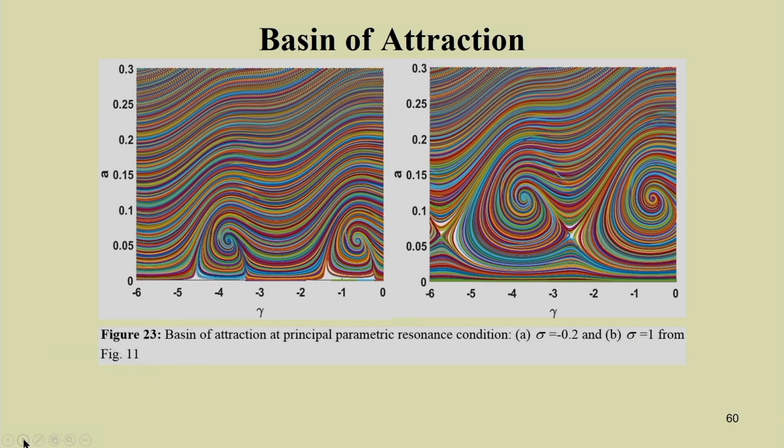So in this way, you have observed that in case of an artificial muscle, you can have both the simple resonance condition and parametric resonance condition, and by using the method of multiple scales we have seen how the response will behave. I have shown you the basin of attraction. This basin of attraction you can plot by taking different initial conditions.